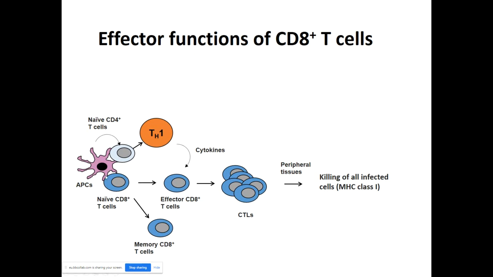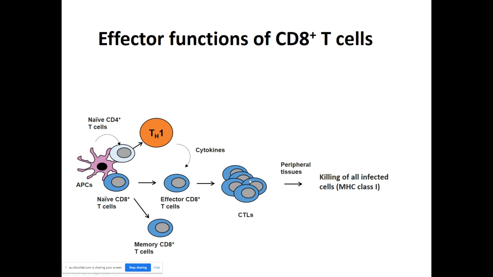So the naive T cells get activated by antigen-presenting cells, by the receptor, to become effector CD8 positive cells that become cytotoxic T lymphocytes, or the killer cells. But this activation is impossible if you don't have T helper cells, Th1, because the Th1 will help in the maturation of the effector CD8 positive T cells becoming cytotoxic T lymphocytes.